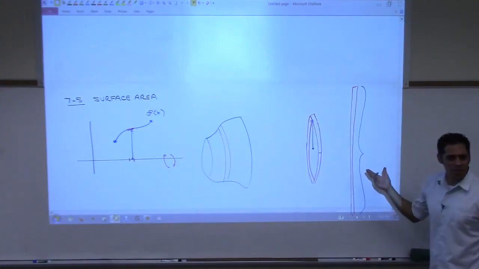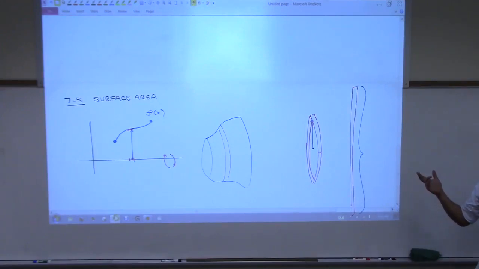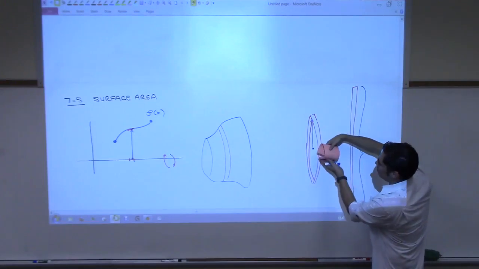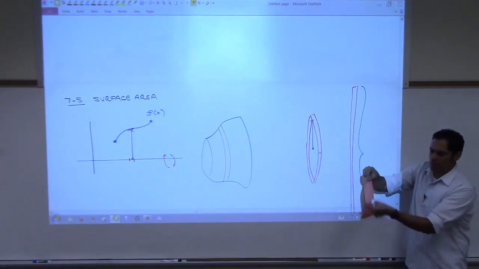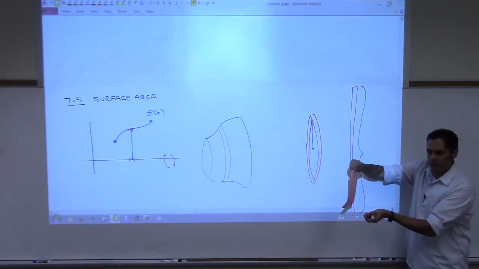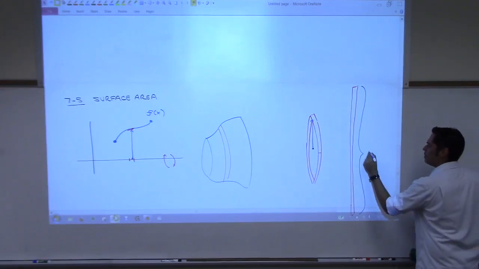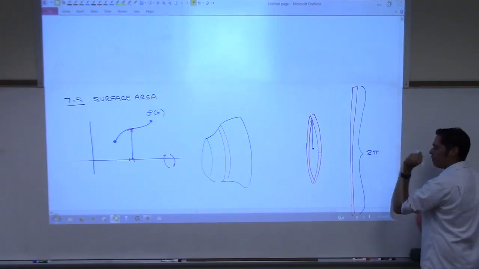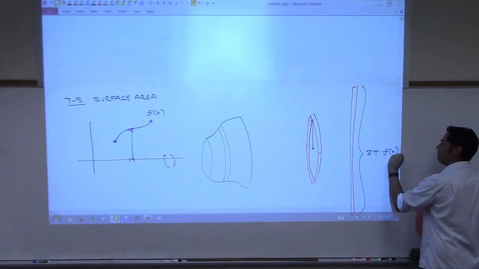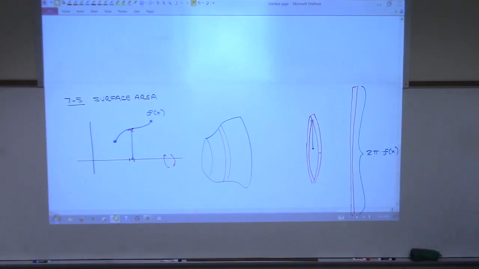Do you all understand why it's 2 pi times f of x? In that picture we had earlier, if I cut it and open it up, then this length was the circumference, wasn't it? So 2 pi times the radius, but the radius is the function's height. I think that's okay, yeah?